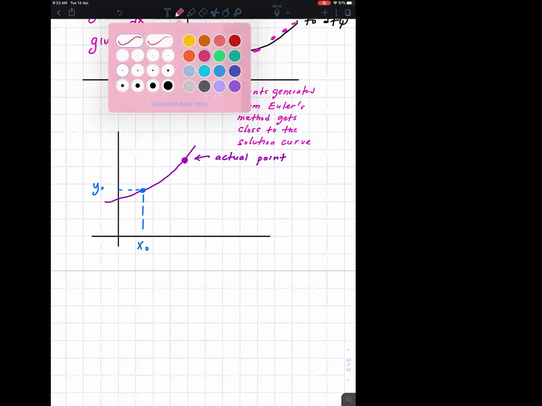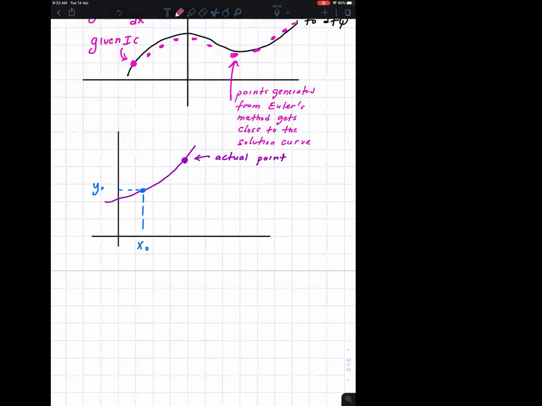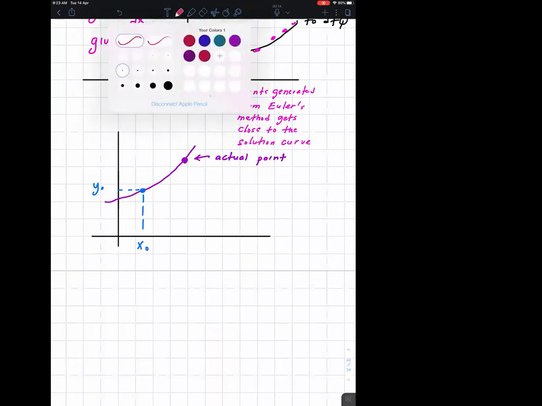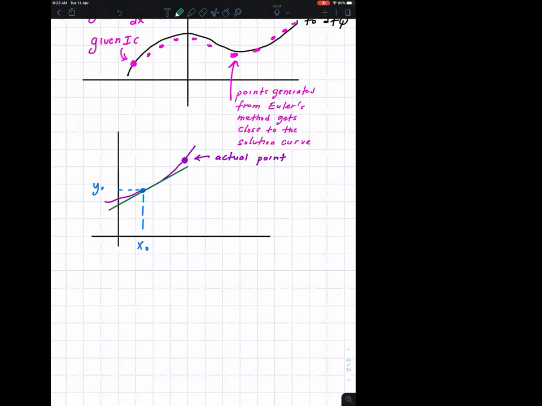Now you try to sketch a tangent line to approximate the actual point. Okay, let's say I'm drawing a tangent line here. Let's say I'm drawing this tangent line to approximate the slope.